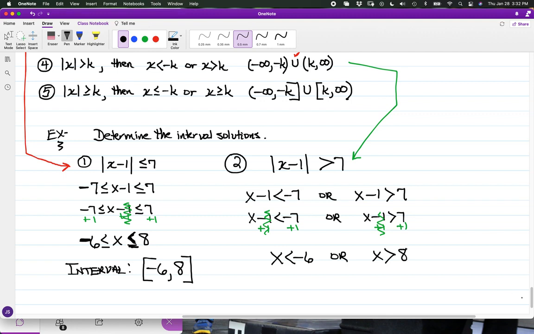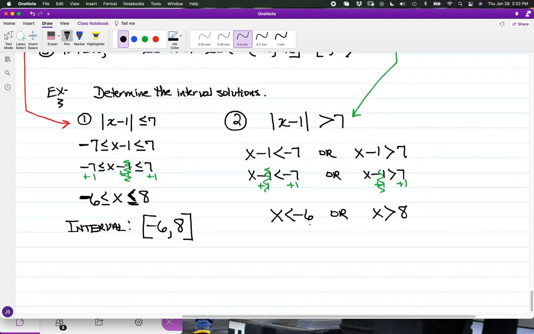And just taking what we have with these statements, if I display it in interval notation, for x is less than negative 6, we have going from negative infinity, approaching but not including negative 6.